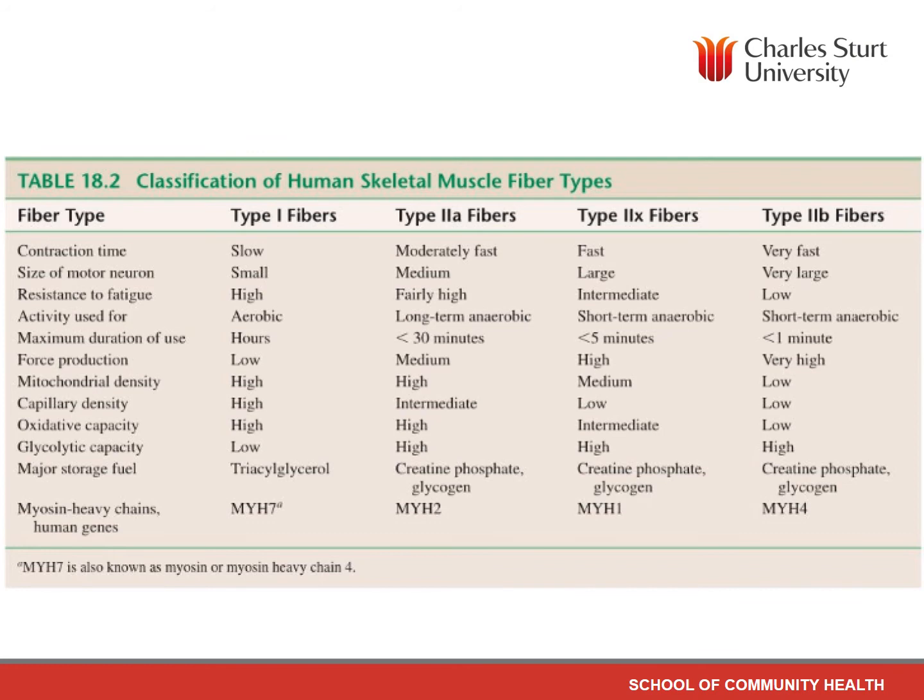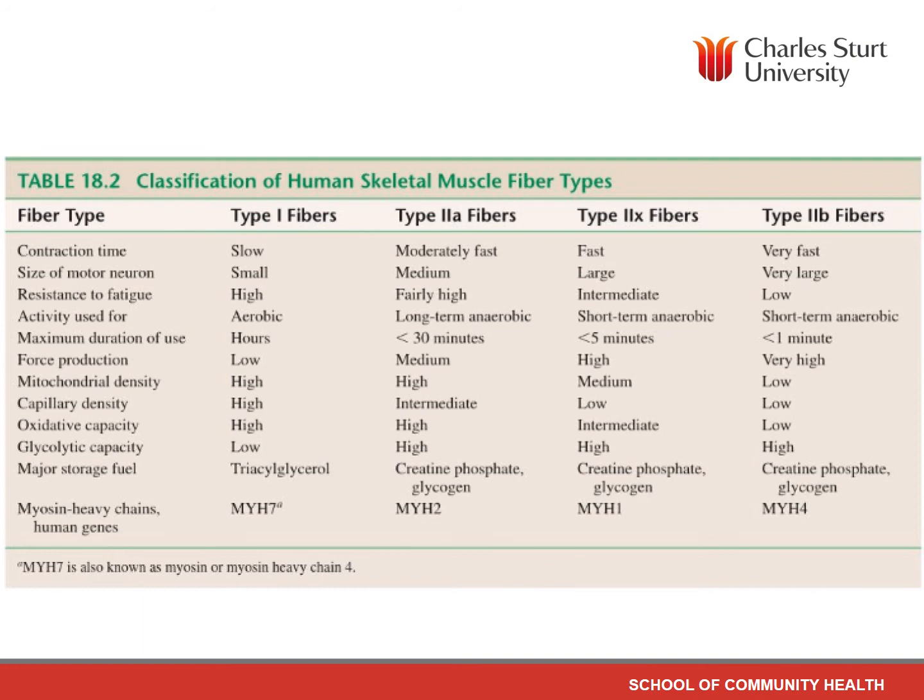So the athletes are running approximately 20 kilometres an hour. So even though here we say the force production is low, we consider it lower than type 2 fibers, it doesn't mean that if you had a high proportion of type 1 fibers you're really, really slow. It just means you probably can't sprint really, really fast. You can still run quite fast. 20 kilometres an hour is still very fast to run.